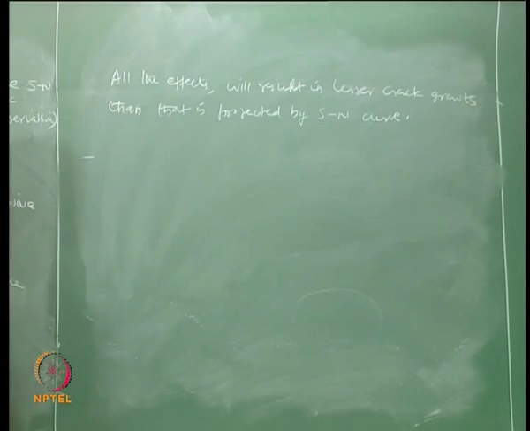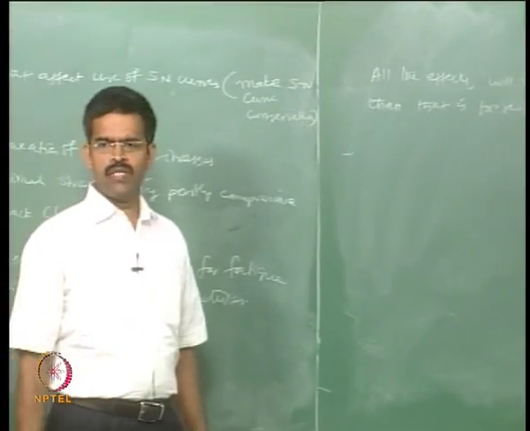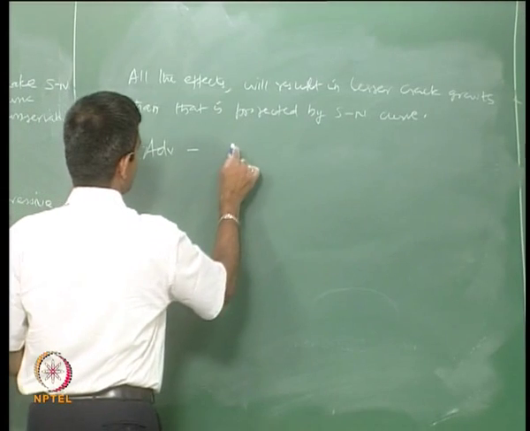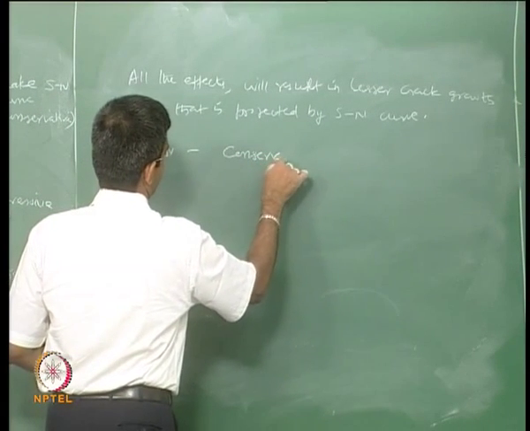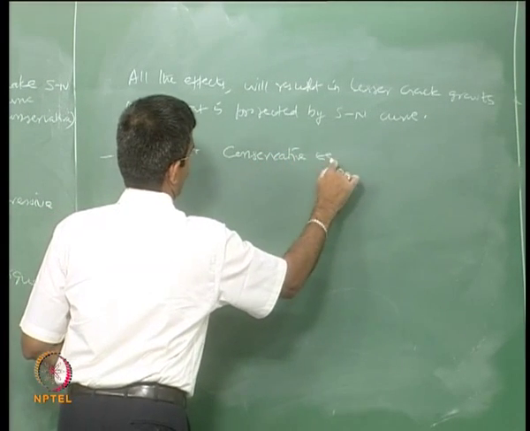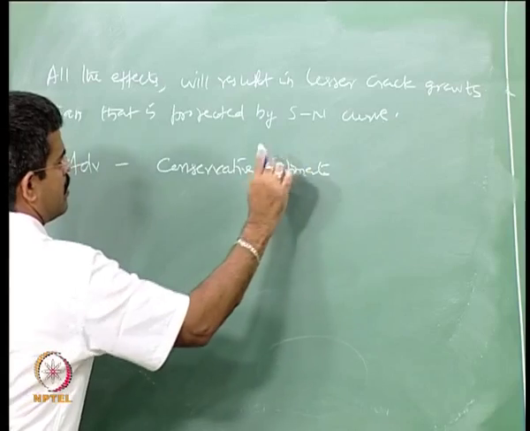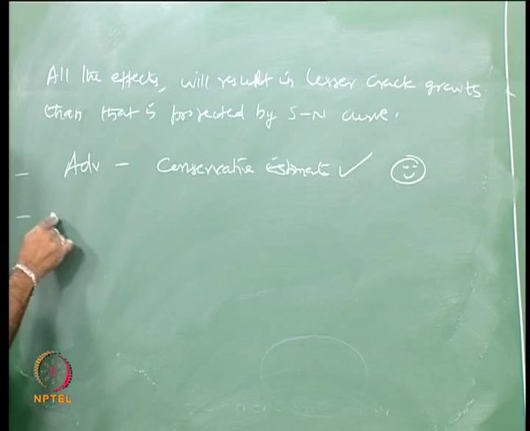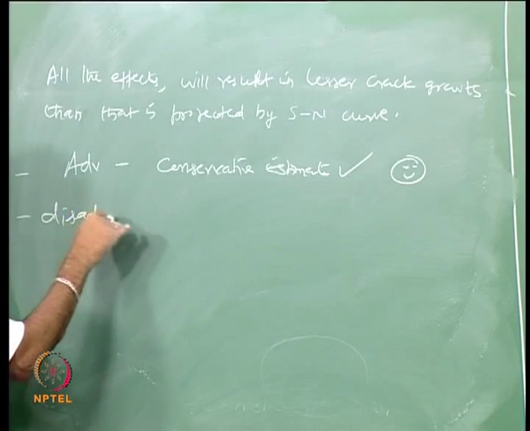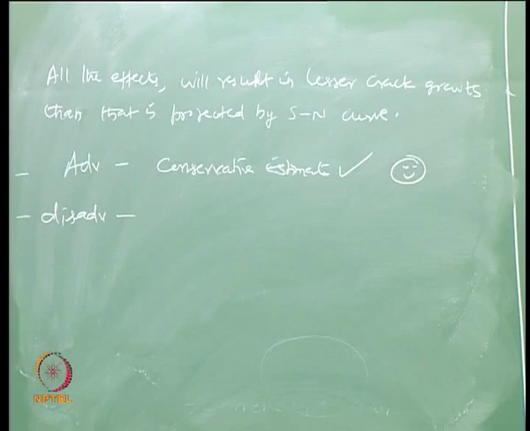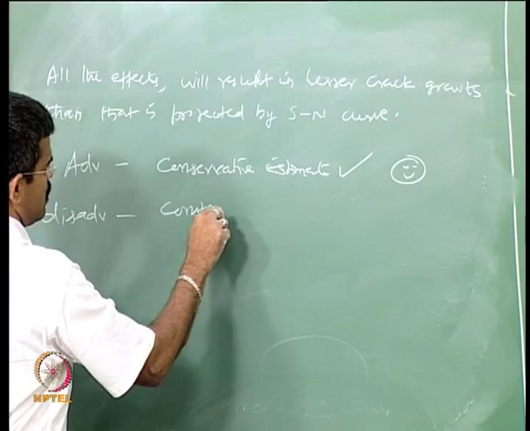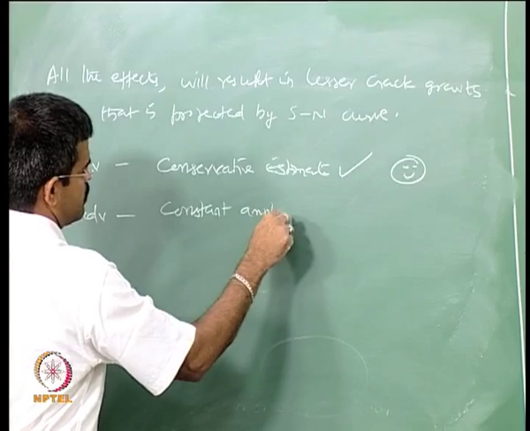So, all SN curves are generally considered to be conservative estimates. Now, there are some specific problems associated with the SN curve. One advantage the SN curve has is that it is a conservative estimate. Okay, that is good. The other disadvantage is that SN curves are generally plotted for constant amplitudes.